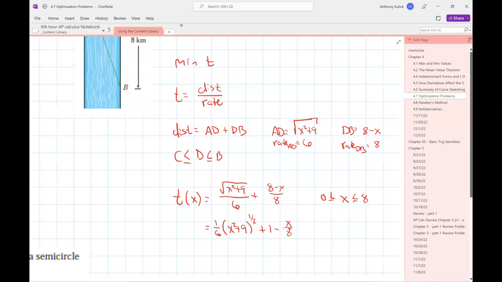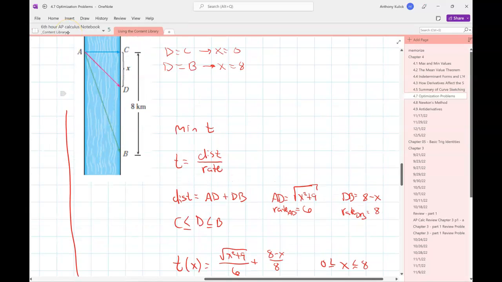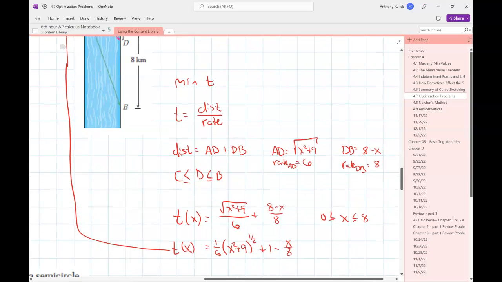So I'm going to write it like that before I take my derivative. Is everybody okay with that? Can we see why I'm doing it that way? It just makes the calculus a little bit simpler.